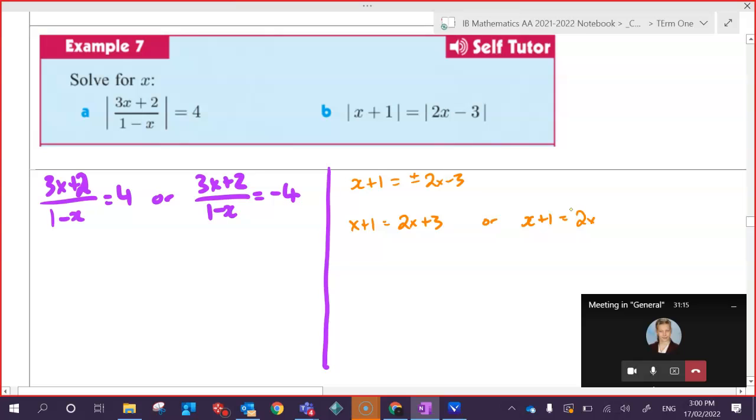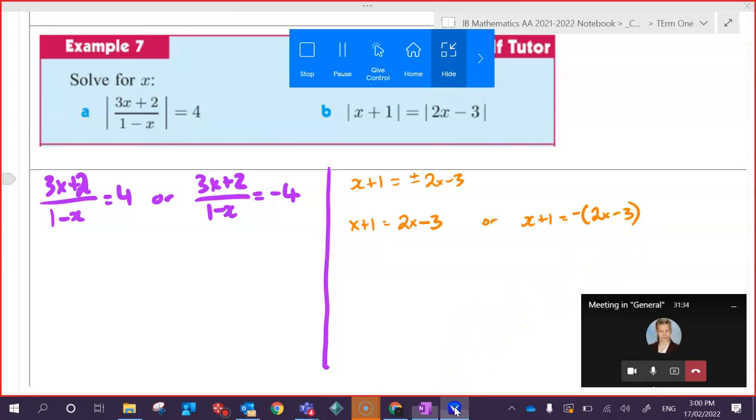Oh, all right, plus 3. You have 2 minutes to do those two, the one on the left and the one on the right.